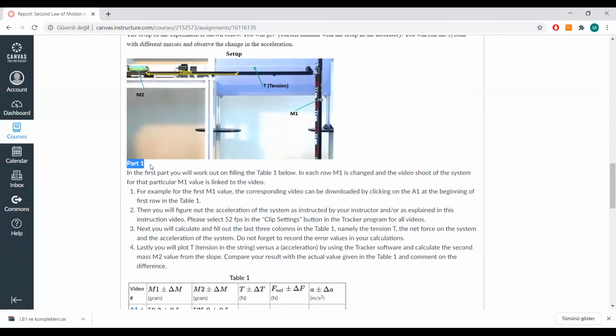At the first stage of the experiment, the object we are going to examine is the cart, namely the m2 mass.